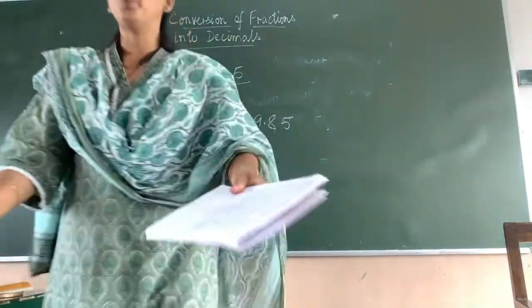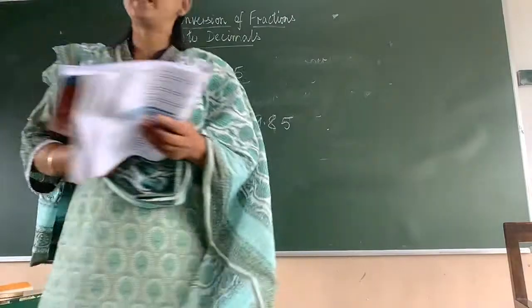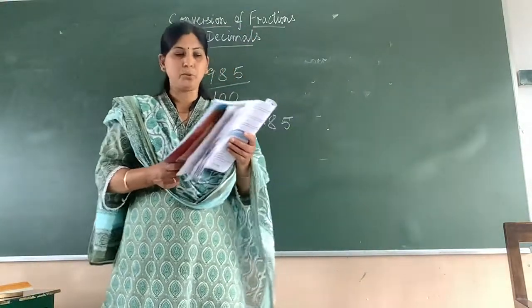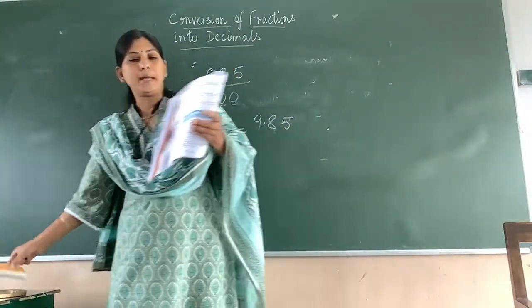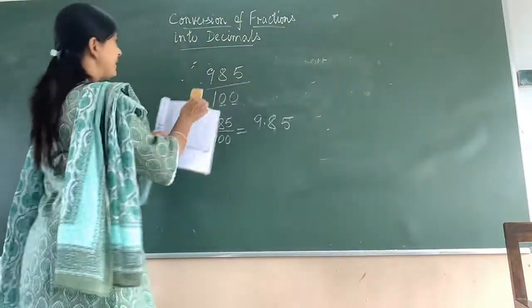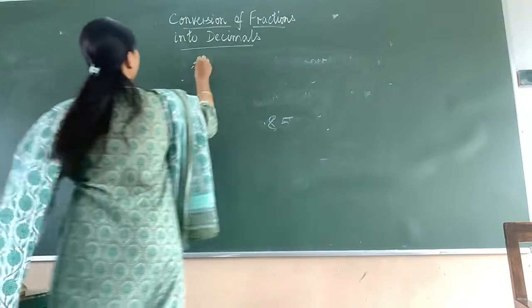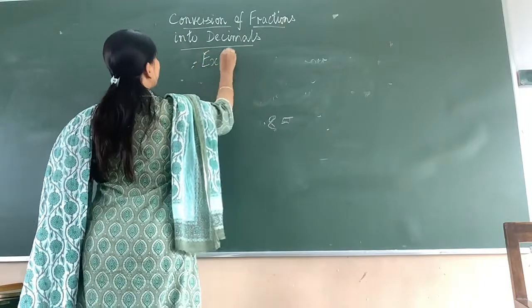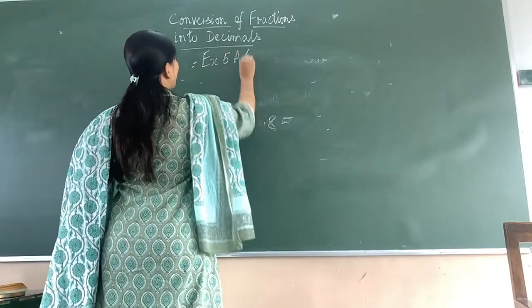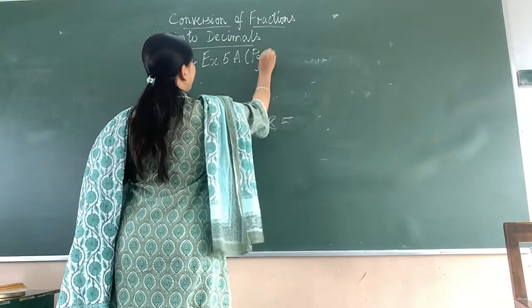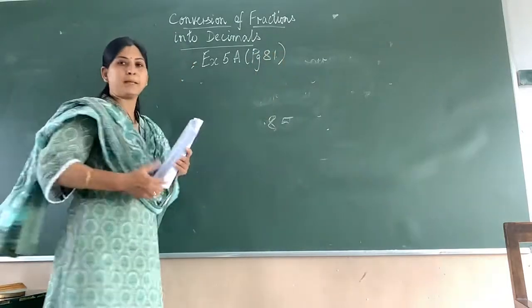Now, you can all open your book and keep doing with me. I'll explain few. Okay. Now, exercise 5A, page number 81. You can do in the book with me. Okay.